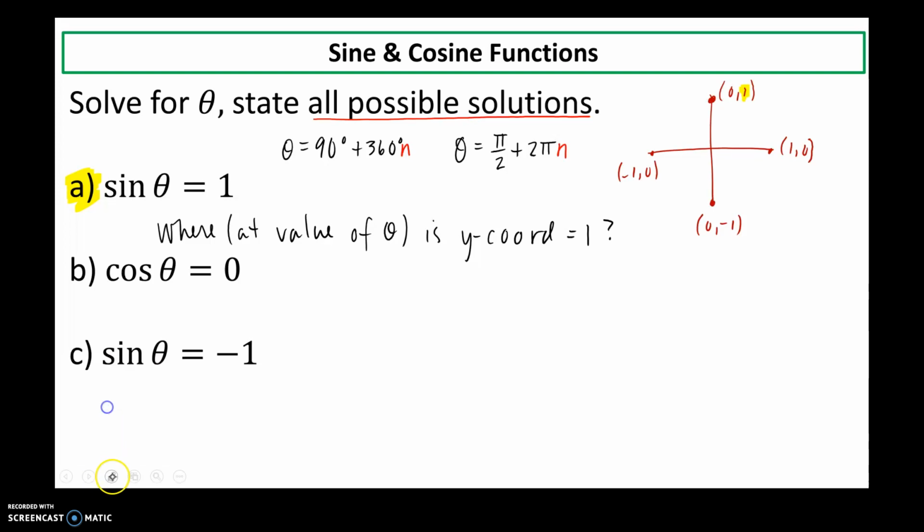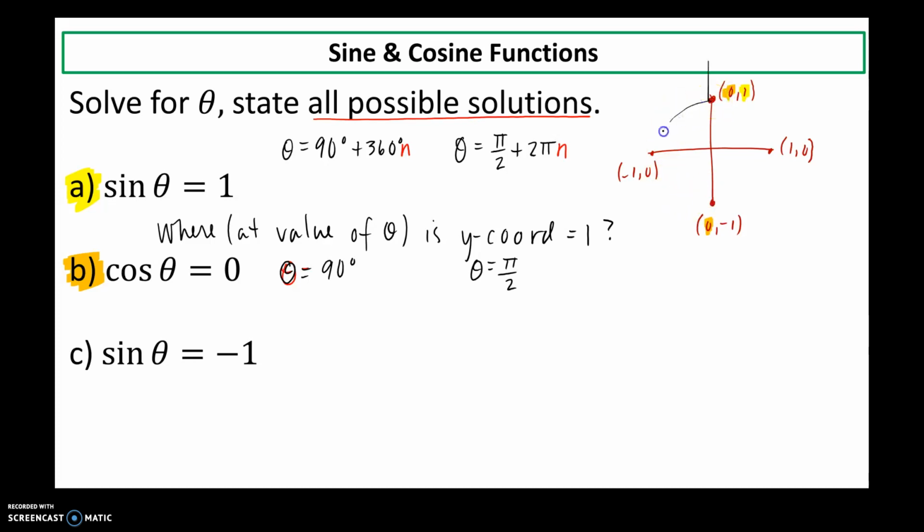All right, where's the cosine equal to 0? So now we're answering, at what angle is my x coordinate 0? Now notice here I have 2 answers. You only need to write one answer, and we start with the first one that happens. So this also occurs at 90 degrees and therefore pi over 2 radians. But now notice, to get to my next angle measure, I don't have to rotate a full circle.